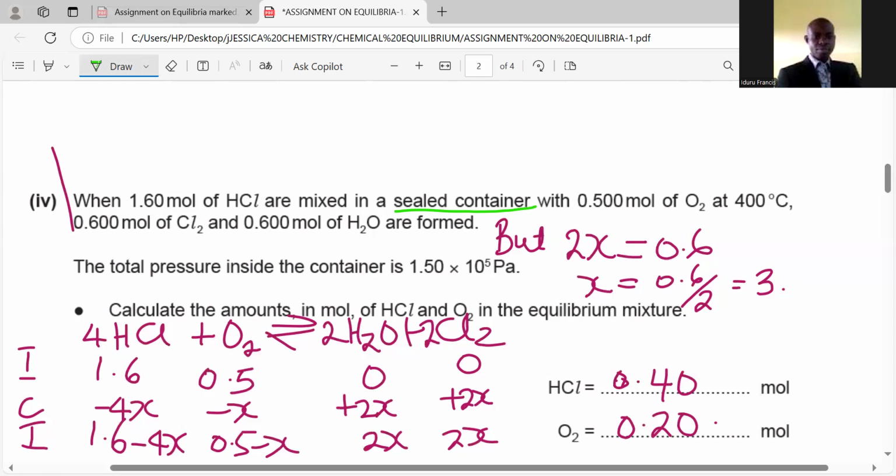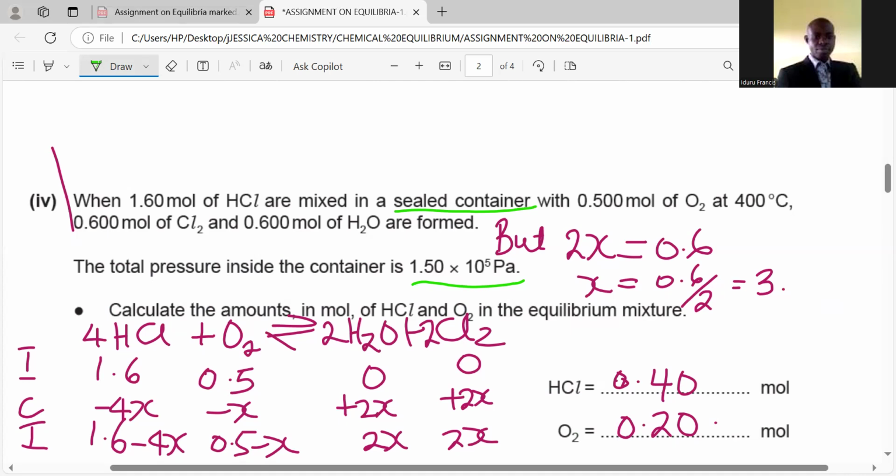So we have the product given to us, and we also have the reactant. The total pressure inside the container is 1.50 times 10 to the power 5 Pascal. Calculate the amount in mole of hydrogen chloride gas and oxygen gas in the equilibrium mixture.